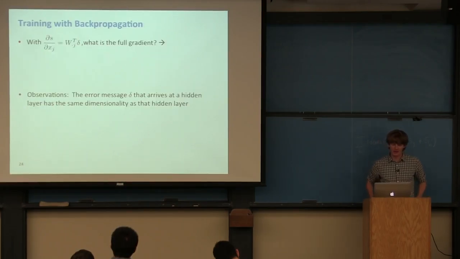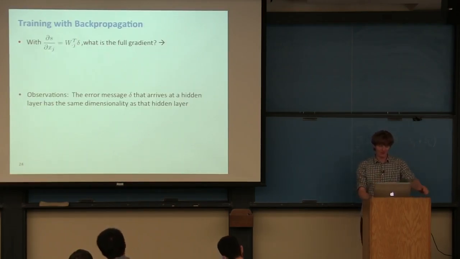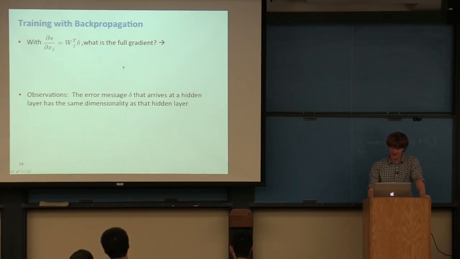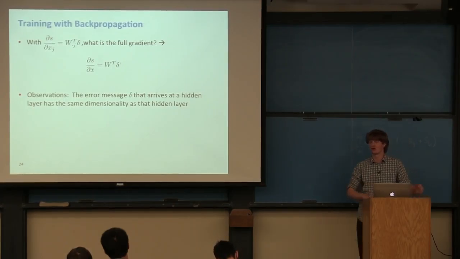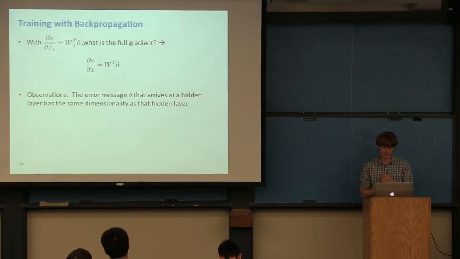All right, so now, you gave away the next question, which is what is the full gradient of all the x's, and that will just be the full product of W transpose times delta. This W transpose times delta is something that we'll see in three slides or so for arbitrarily deep neural networks too.